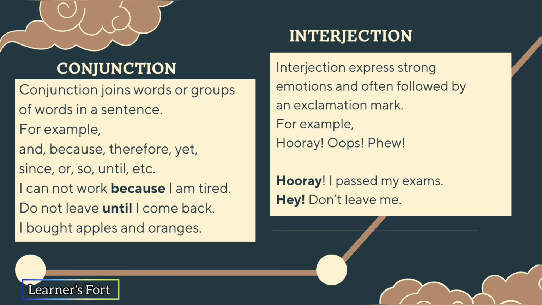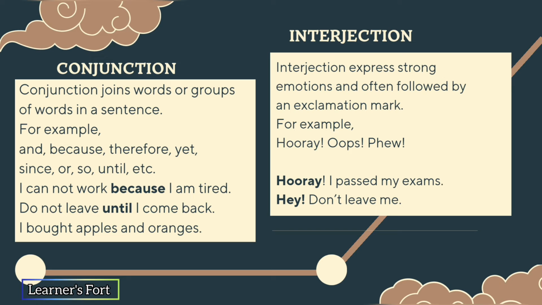Now, let's have a look at three sentences to help you understand how conjunctions are used when joining clauses and statements in a sentence. First one: I cannot work because I'm tired. Here, because is a conjunction that is joining two clauses together. I cannot work is one clause and the other one is I am tired.